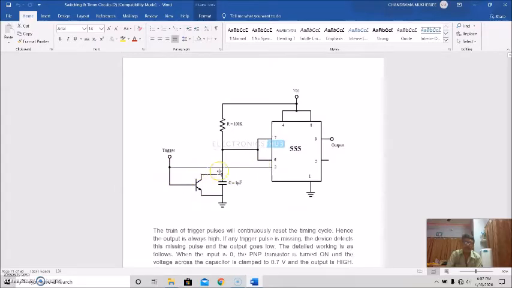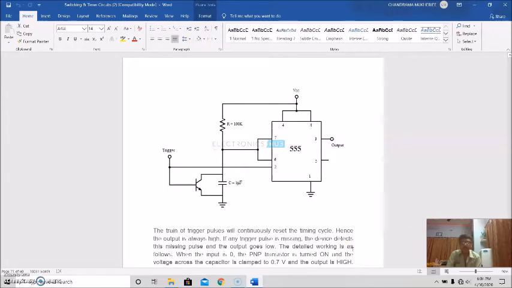It is given to the base of this transistor, and simultaneously it is given to the trigger input of the circuit too.